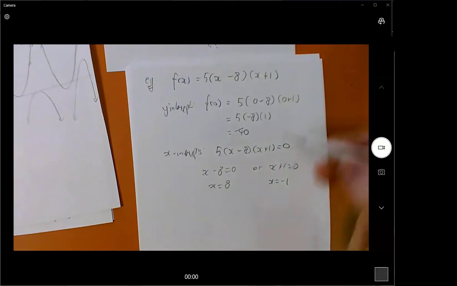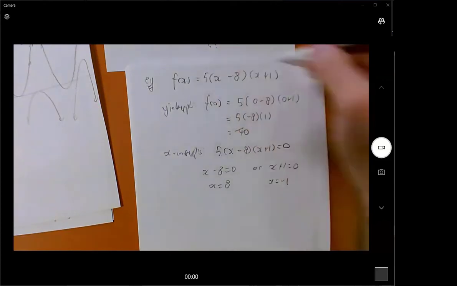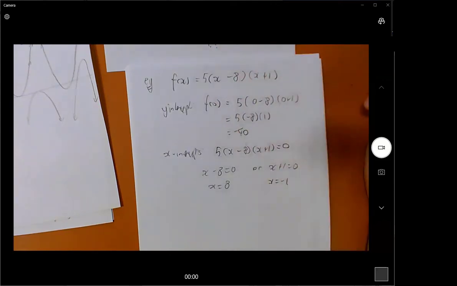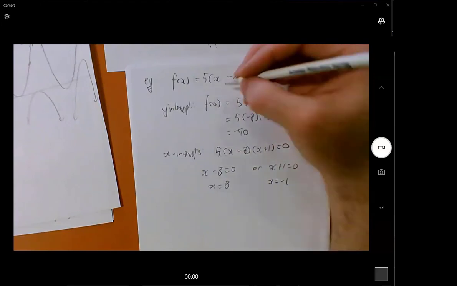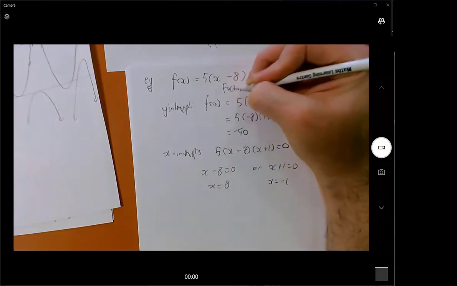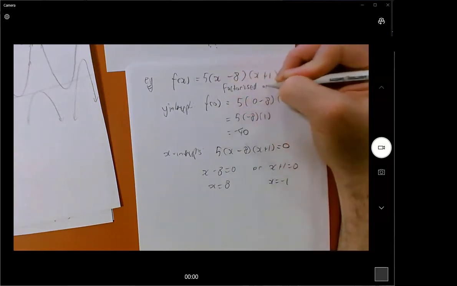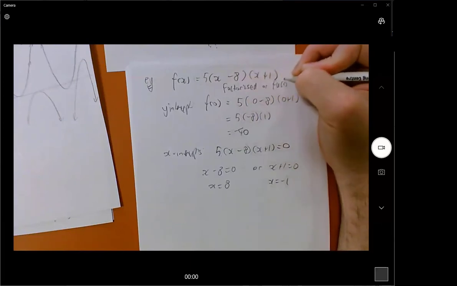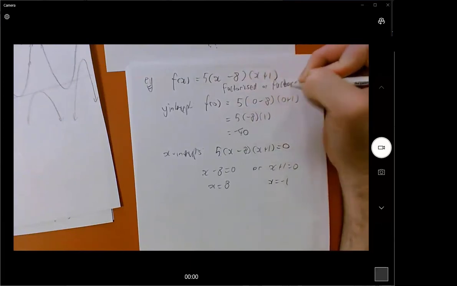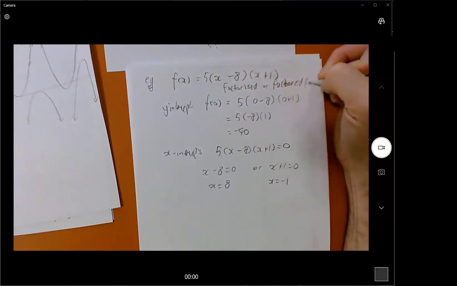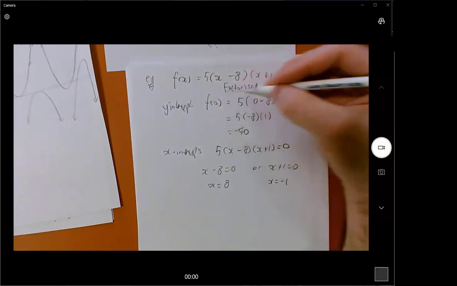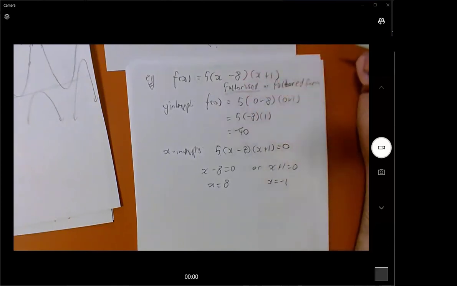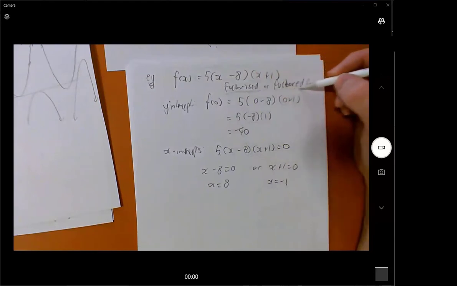So this format is called the factorized or factored form. This is what's traditional in Britain and Australia, and factored is a much more American way of saying it, but it's quite common in Australia as well.